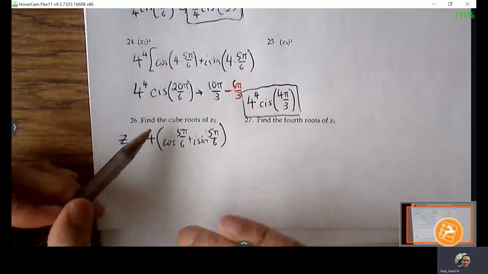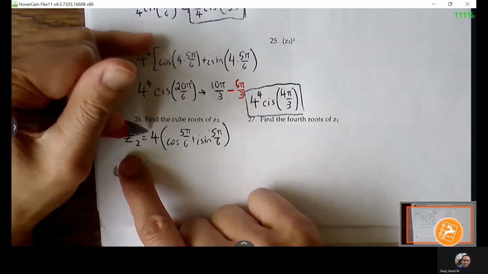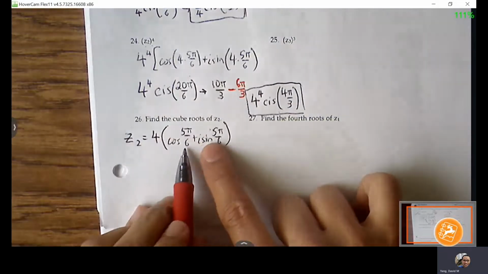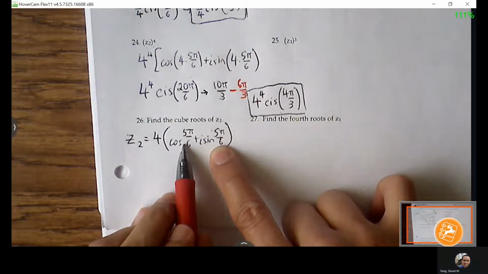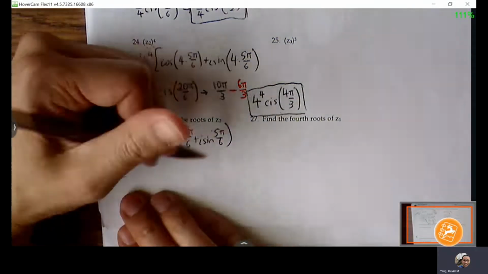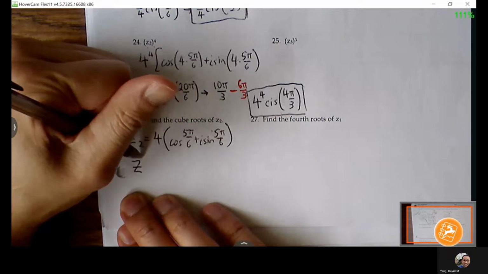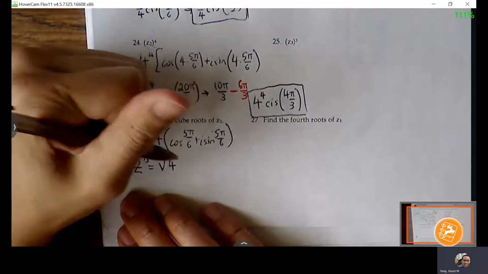You want to find the cube roots. So that means we're going to take the cube roots, and what do we do with this part here? Multiply by that 1/3. Okay. So cube root of 4.